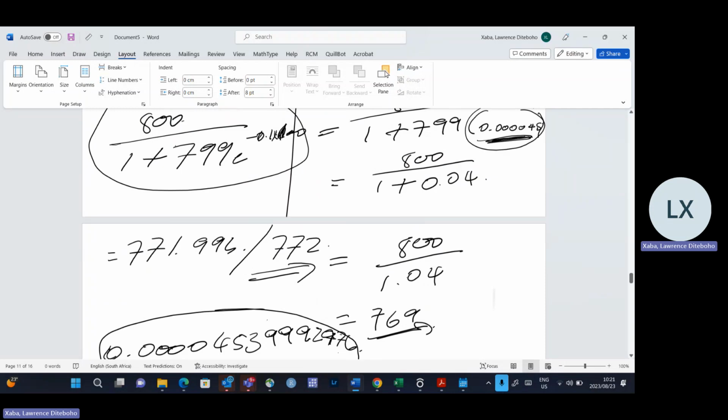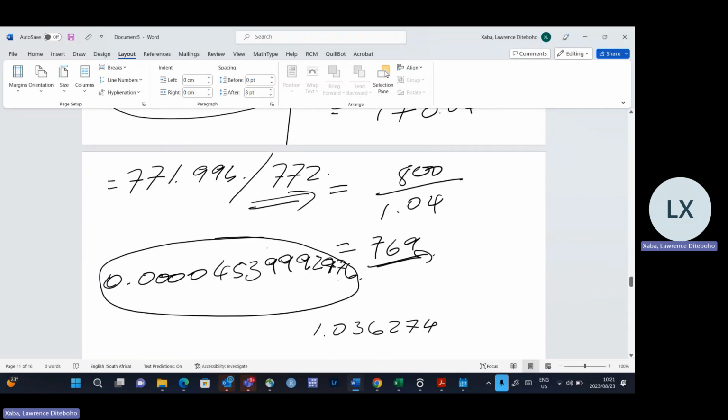We're supposed to take the numbers the way they are, so now we can get the correct value, which gives you 772.